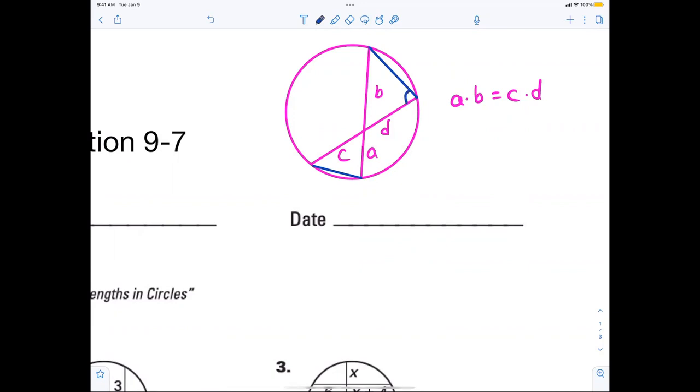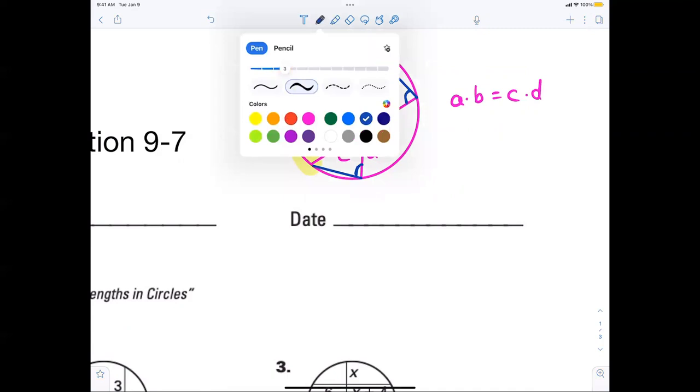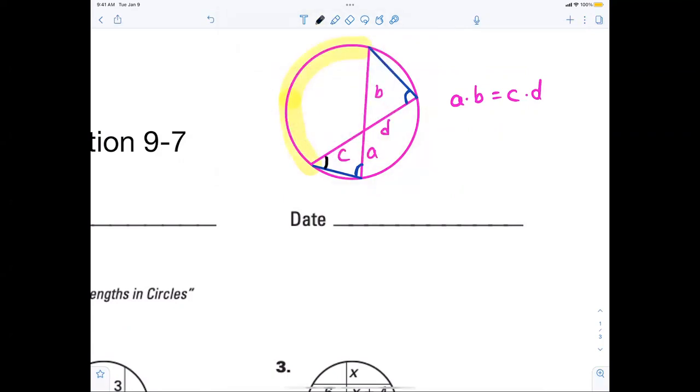Remember, this angle must be equal to this one because they share a corresponding arc. Does that make sense, everybody? And then, of course, you could say the vertical angles. The other thing you could say is that this angle right here is equal to this angle right here for the same reason: those two angles intercept the same arc. So they have to be equal.